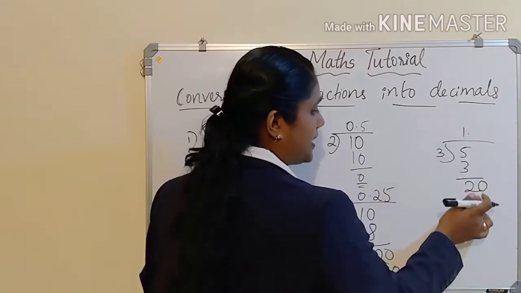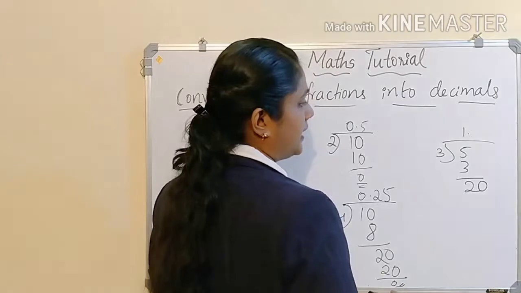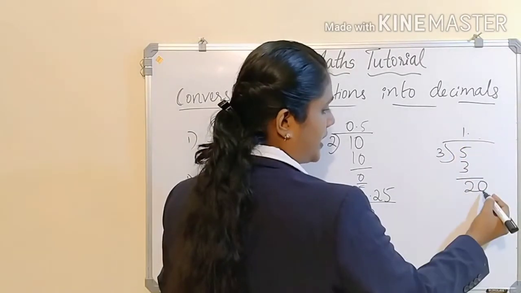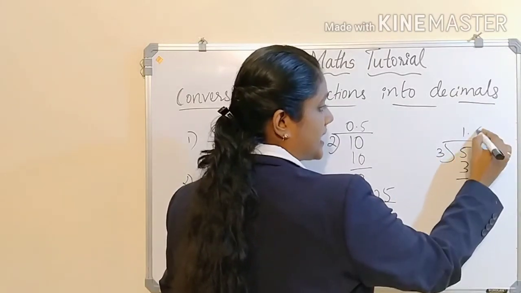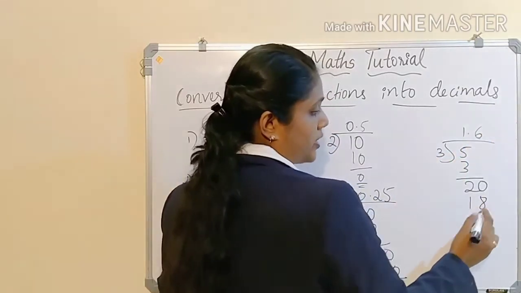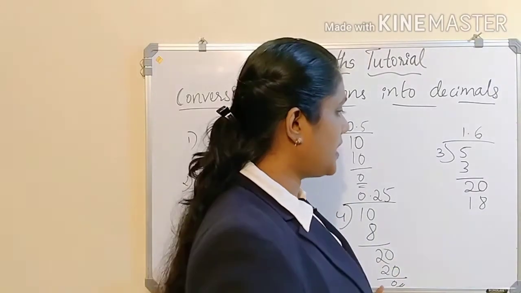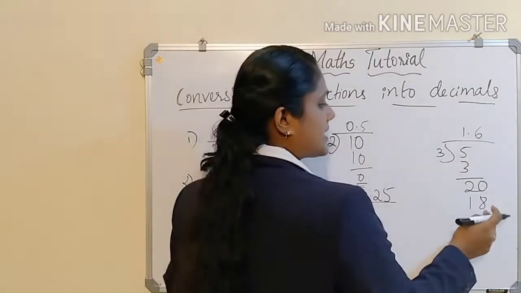So 3, how much are 20? Near to 20, 3 6s are 18 coming. 3 7s are 21. So 21 is not possible because here only 20 is there. So you have to go for 3 6s are 18.